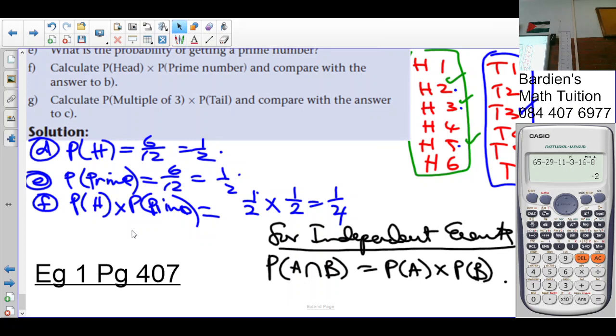This question comes up over and over and over, and the learners just mess this question up all the time. If the question says the events are independent, that's the first thing you write down. And rest assured, if the question starts off with independent events, there will be this calculation that must take place. Okay?